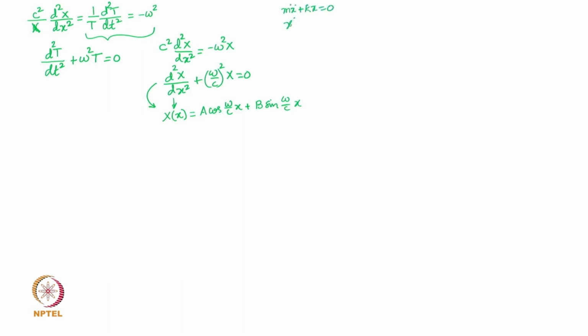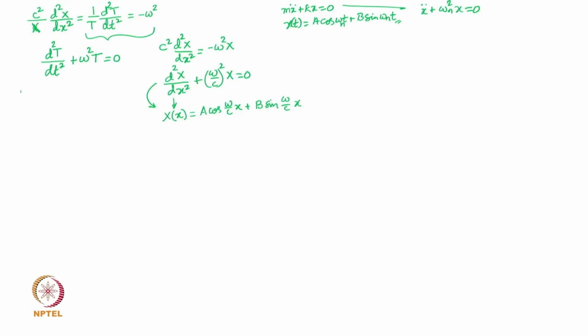When we wrote that general solution, we wrote a cos ωn t plus b sin ωn t, isn't it? Because this equation could be converted into x double dot plus ωn² x equal to 0. Now ωn² is replaced here by (ω/c)². And the independent variable here is t, whereas here it is x.